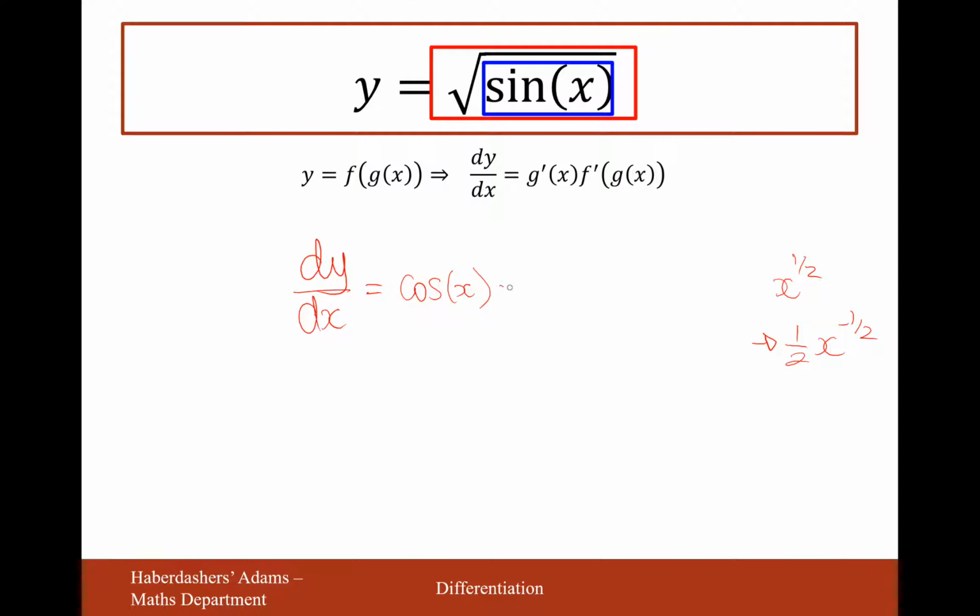So it's going to become multiplied by a half times the inside function. It's not going to be x, it's going to be the inside function sine to the power of minus a half. So the answer simplified is going to be cos over 2 root sine x. And there we are, that's the answer to this question.